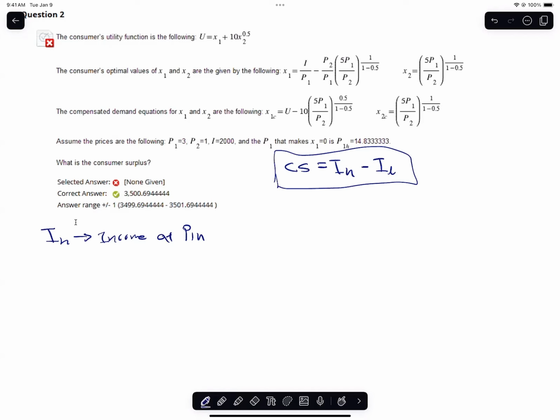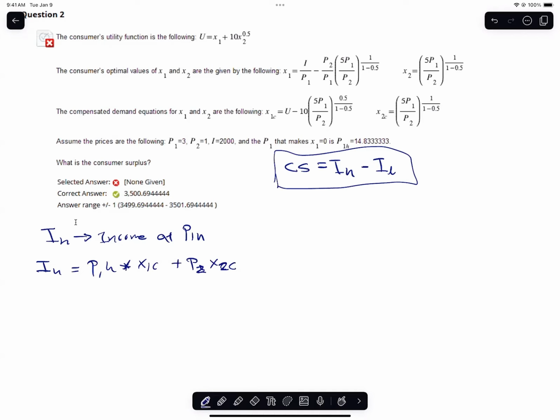So remember, IH is going to be equal to P1H times X1C plus P2 times X2C.